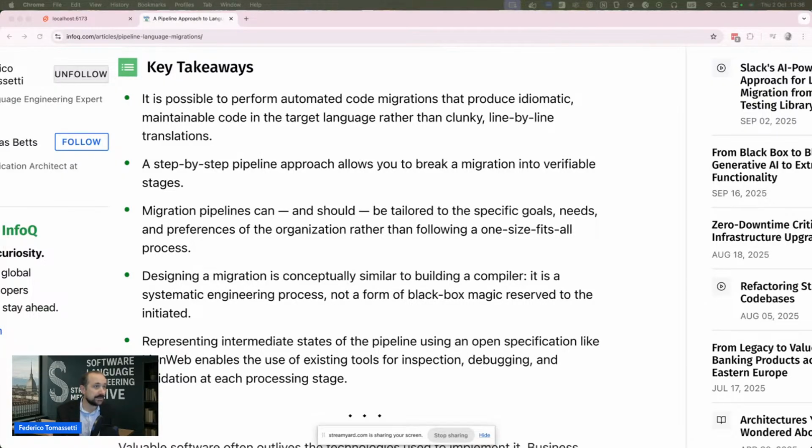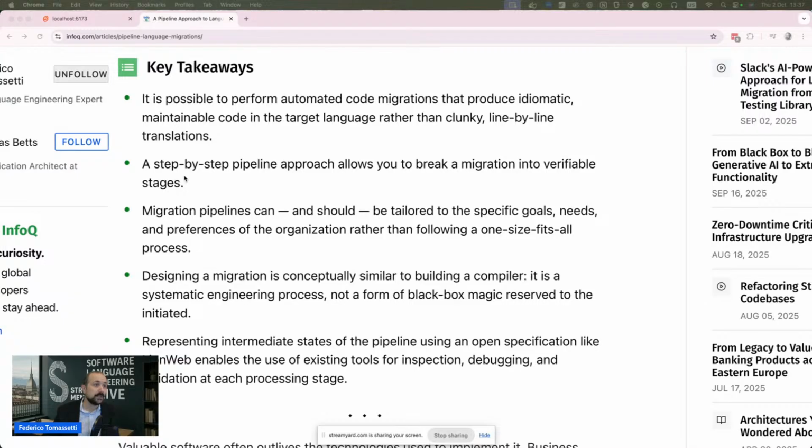It's syntactically speaking Java code, but it is written according to the mental paradigm of COBOL developers. And I think that if your migration approach is naive, there is a high probability to end up there. But I want to stress the fact that this is something you can escape if you use the right technique. So automated migration can produce code that is idiomatic. It's code that people can be reasonably happy to maintain.